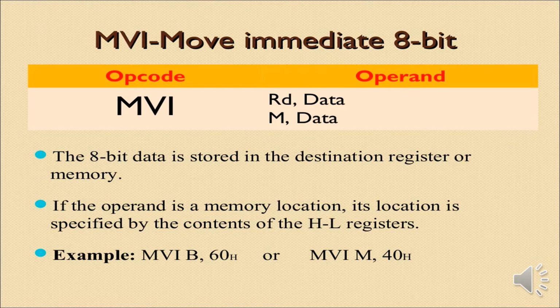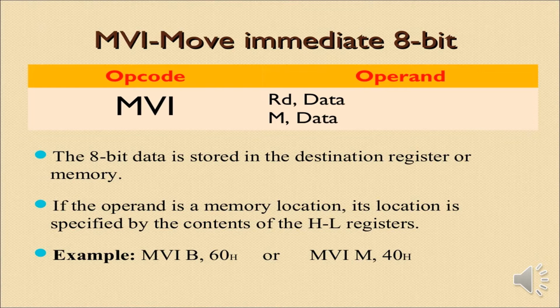The memory location may be anywhere in memory, and the location is pointed out by the HL register pair. The general form of the move immediate instruction is MVI R, data, where the data is 8-bit.